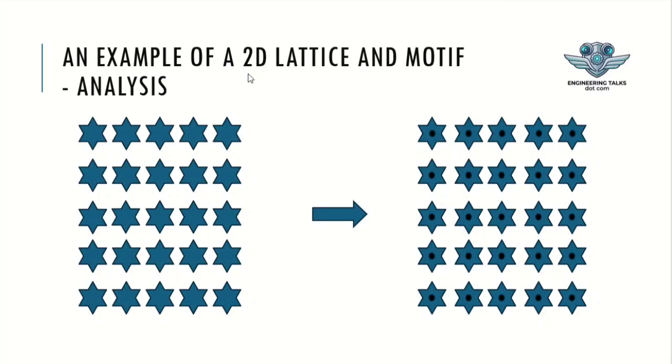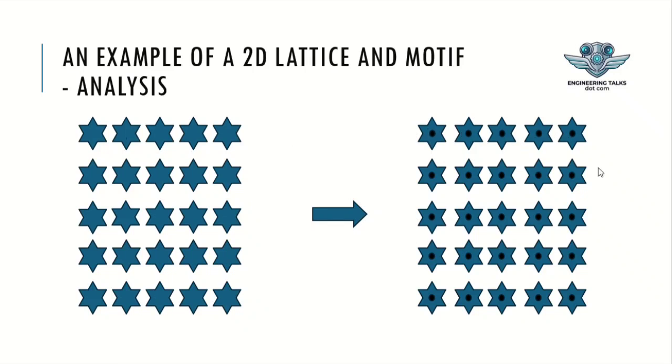Here we have an example of a 2D lattice and a motif. So here we have a star pattern. Here stars are periodically repeated in 2 dimensions, horizontally as well as vertically. This pattern of stars is like a crystal, right? So if we want to decompose this pattern of stars into lattice and motif, let us place a dot at the center of each of these stars like this.